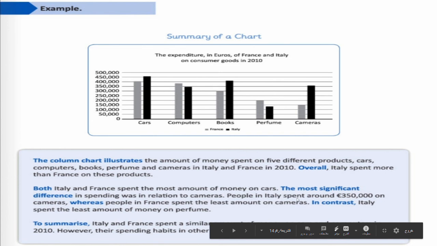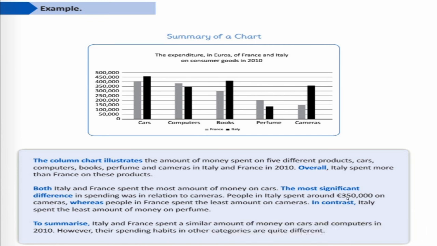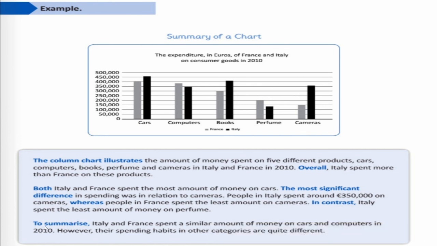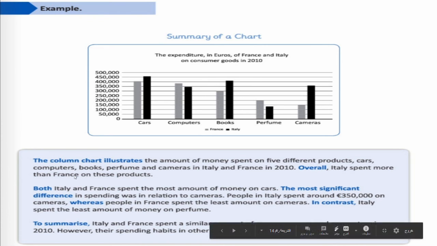People in Italy spent around 350,000 euros on cameras, whereas people in France spent the least on cameras. In contrast, Italy spent the least amount of money on perfumes. To summarize, Italy and France spent a similar amount of money on cars and computers in 2010. However, their spending habits in other categories are quite different.